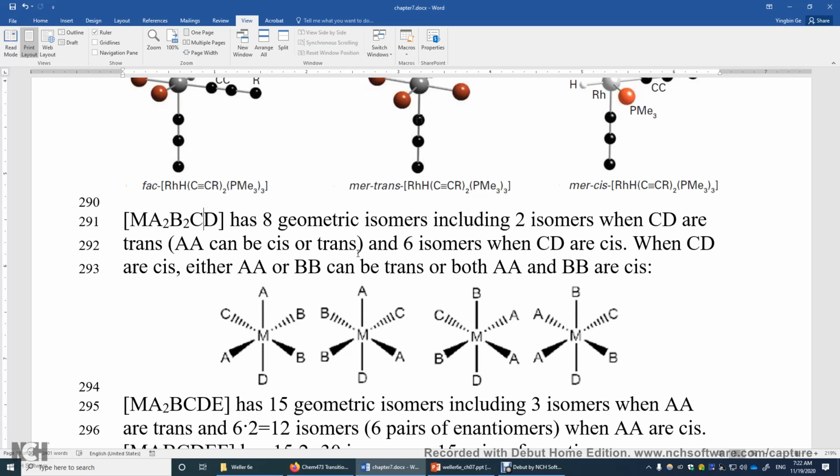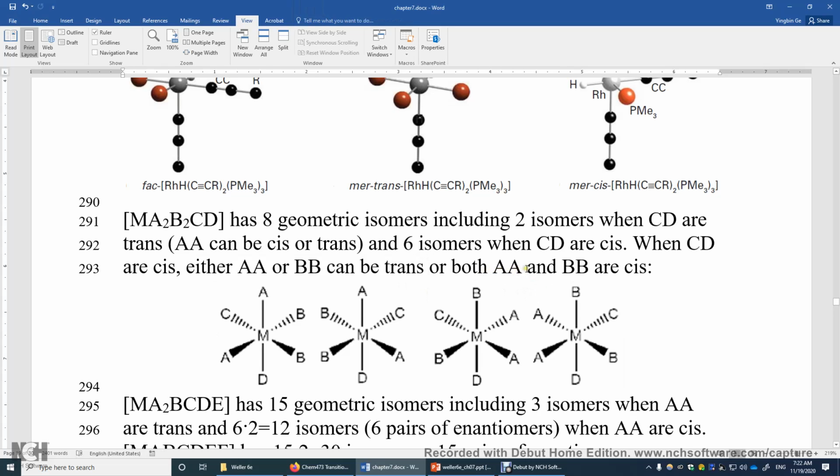So in this case, you have AA in the trans position, BB in the cis position. Or you can put BB in the trans position, and then AA will have to be in the cis position. So you have 2 isomers here. Again, over here we're talking about 2 geometric isomers. And then there are 4 more different geometric isomers.